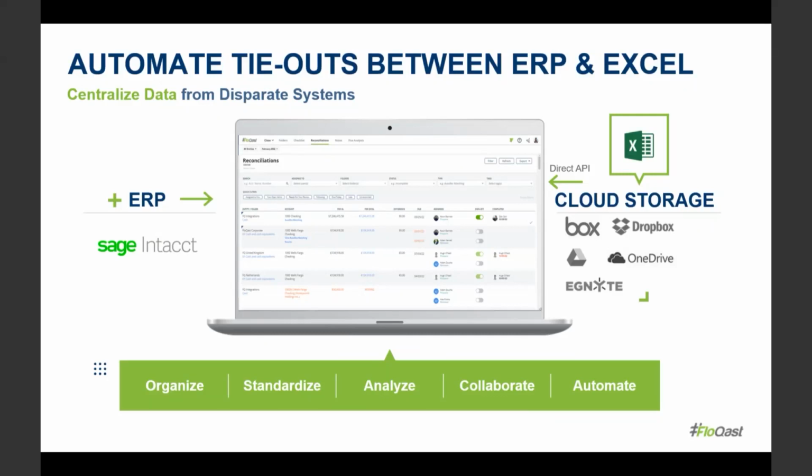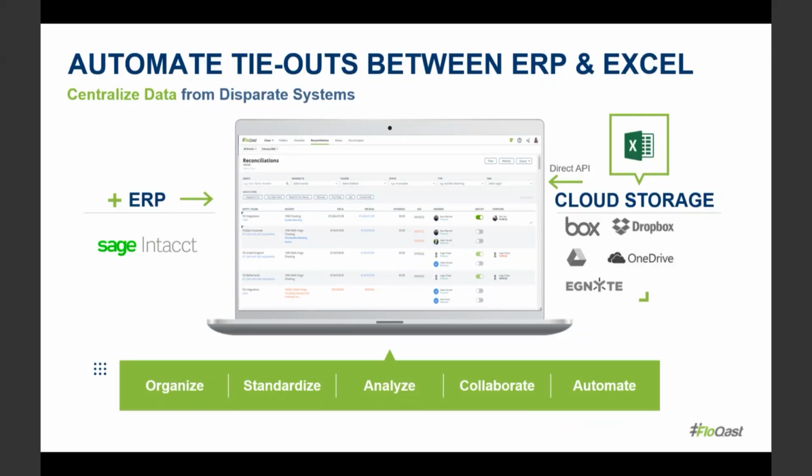Similar to the checklist area, you'll also have the preparer and reviewer sign-offs. You'll have your time and date stamps. You can share notes, communicate back and forth. But one additional feature here is you can set materiality thresholds. And that's especially important as you're moving through the close. Let's say you sign off on a reconciliation item, you get your preparer to sign off and your reviewer, and you are good to go.